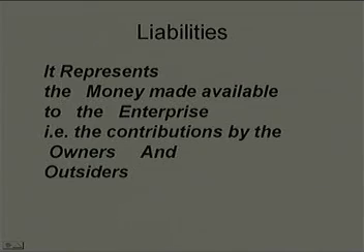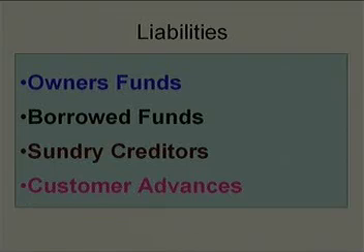If you try to see the difference between asset and liability, assets are those which the company owns, whereas liabilities are the ones which the company owes. These are the primary differences between assets and liabilities. As you can see from this particular slide, there are different kinds of liabilities.